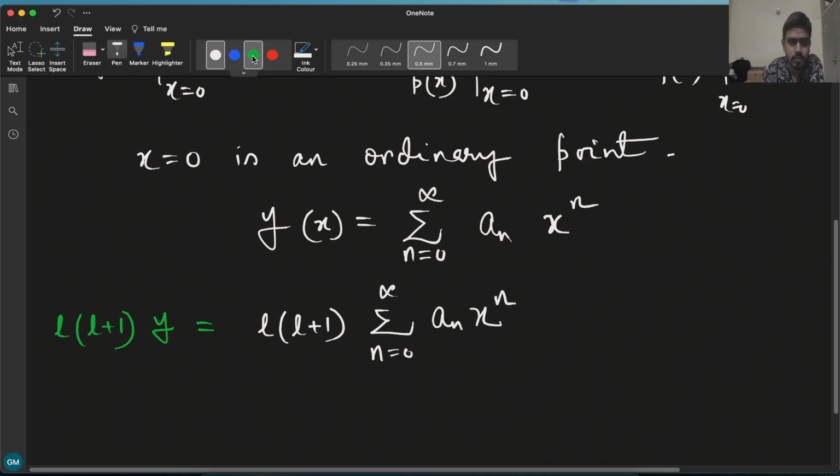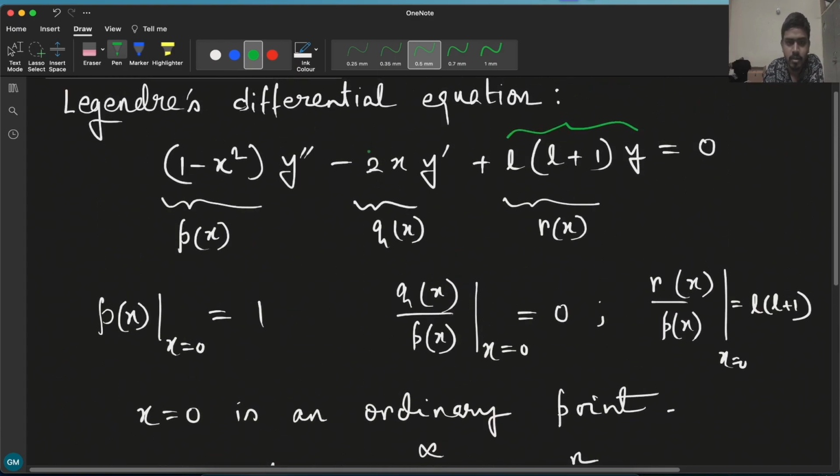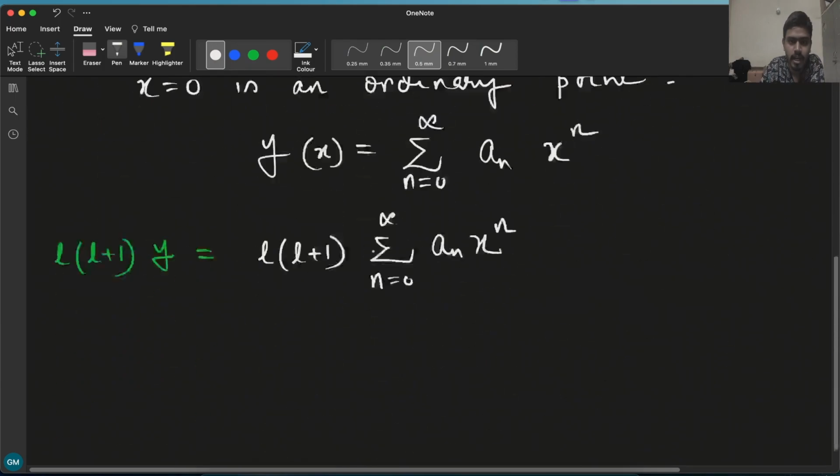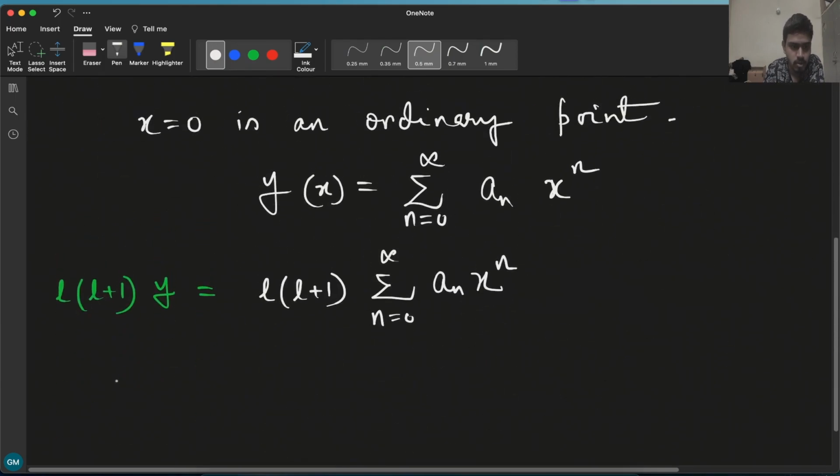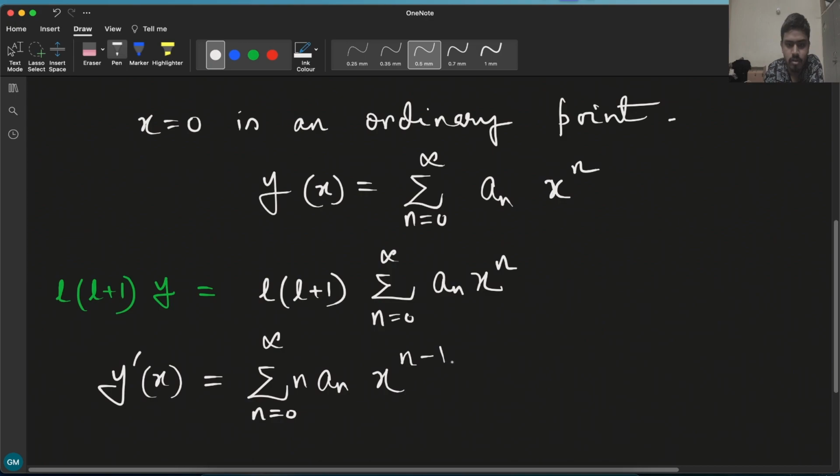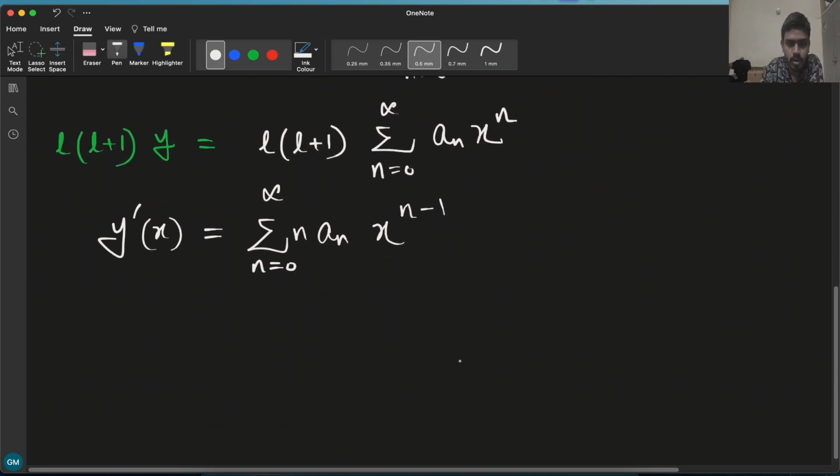This is the third term. Now the second term is minus 2x y dash, so I need to find y dash. So what is y dash? y dash of x is the sum over n equals 0 to infinity of n a_n x to the power n minus 1.